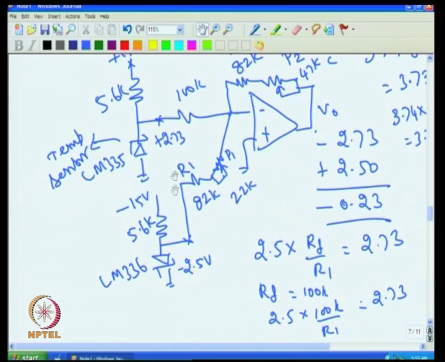So, if this changes by 7.5 millivolt, this and this are more or less equal to 1. So, we will have an output of 7.5 into 1, that will be 7.5 millivolt change at this point.